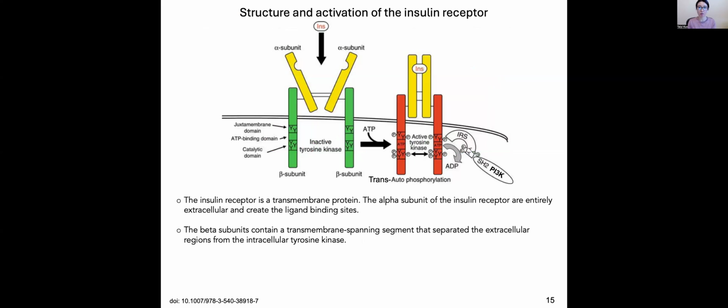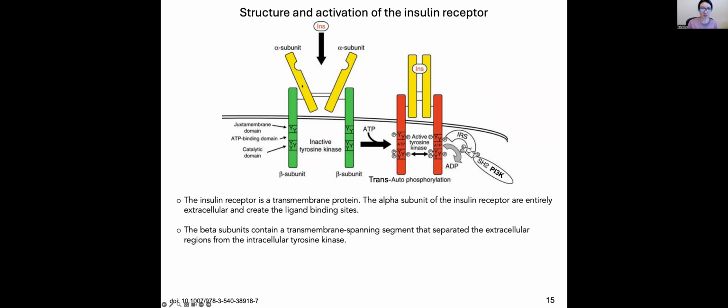All right, so as I mentioned, there are insulin targets on skeletal muscle and adipose tissue. And they need a receptor to respond to the insulin secreted by the pancreatic beta cell. And we know that it is a receptor tyrosine kinase from lecture 11. And here is an insulin receptor, and it is a transmembrane protein.